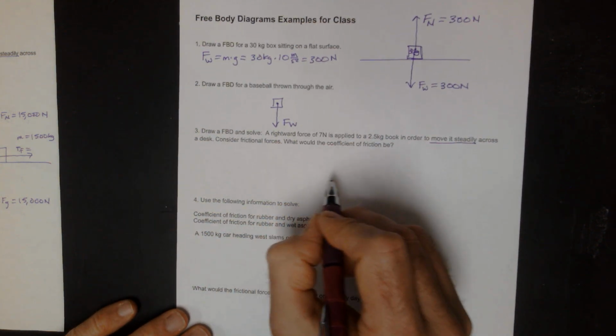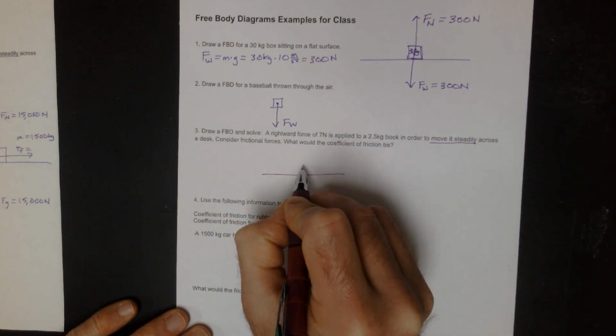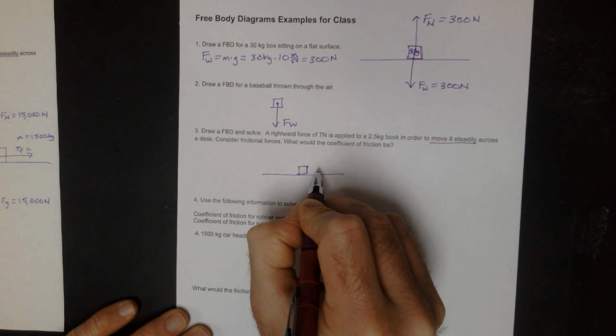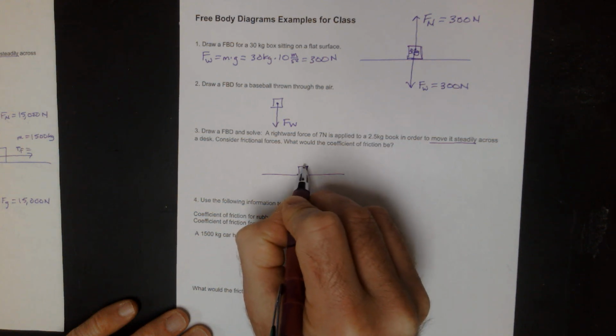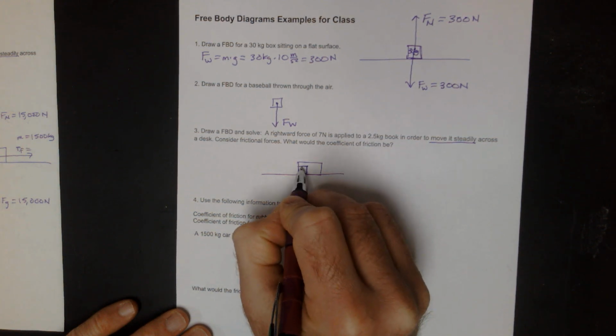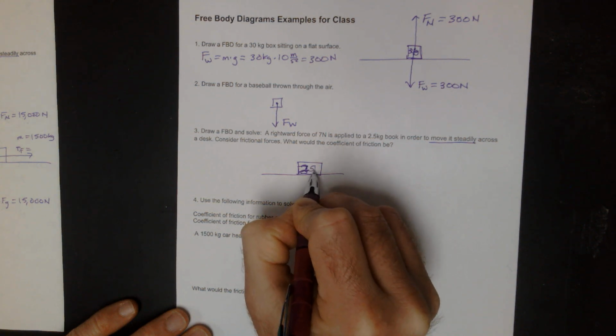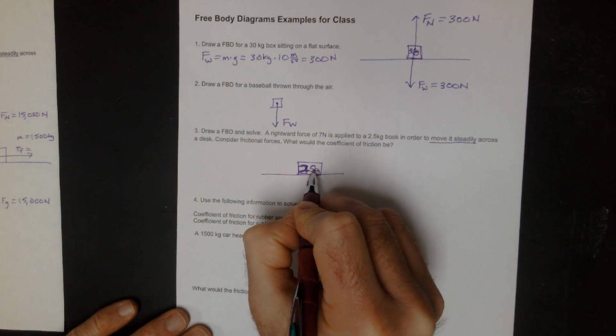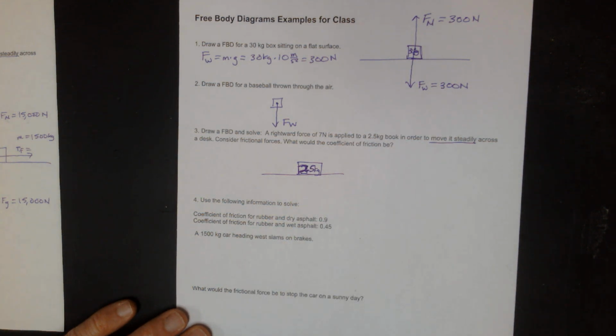All right, so let's go ahead and get our surface. And we'll put our box on here, or our book. And I promised you I would go a little bigger here, so let's draw a bigger book here. 2.5 kilograms. Now I know that's a little sloppy in there, but you can see that. Okay, and I've got a 2.5 kilogram book.